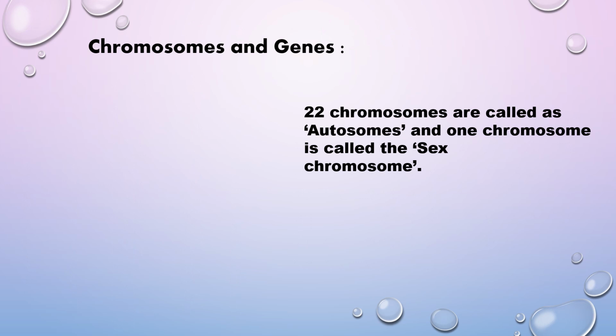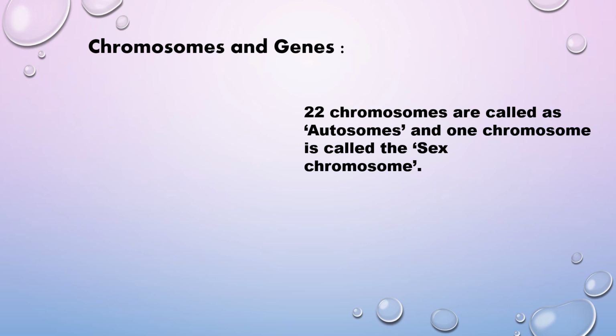So now chromosomes and genes. About chromosomes and genes, the ovum, that is the female reproductive cell, and the sperm, that is the male reproductive cell, have 23 pairs of chromosomes. Chromosomes contain smaller units of genetic material called DNA.